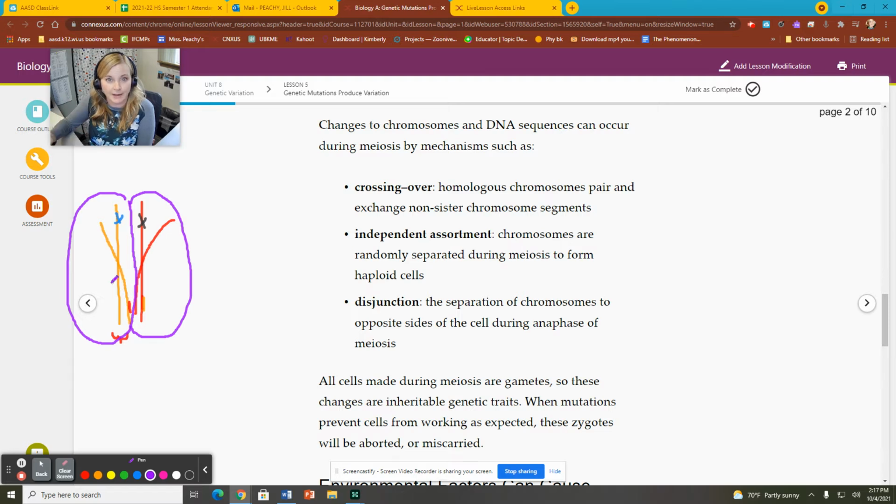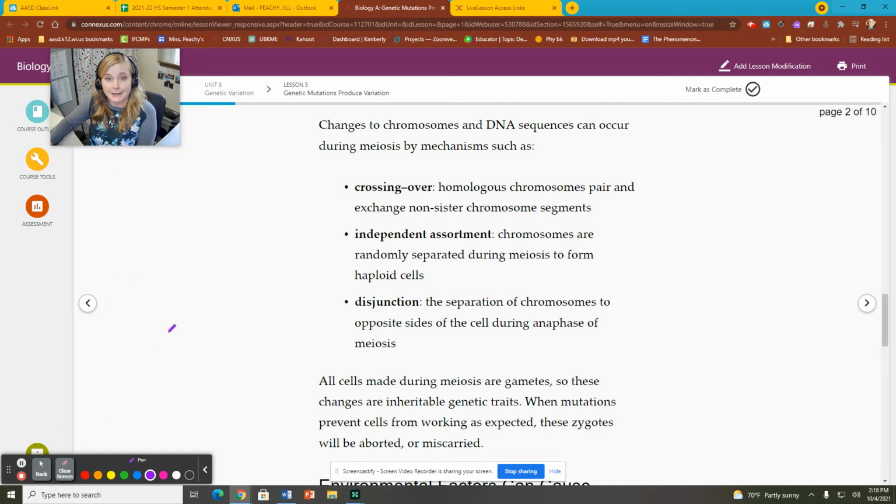You have a random number of combinations that can occur. That's called independent assortment. I mentioned in a previous slide that with 23 pairs of chromosomes, there are over 8 million combinations you can make with your eggs and over 8 million combinations in your sperm because of how they independently assort. So that leads to variation too.